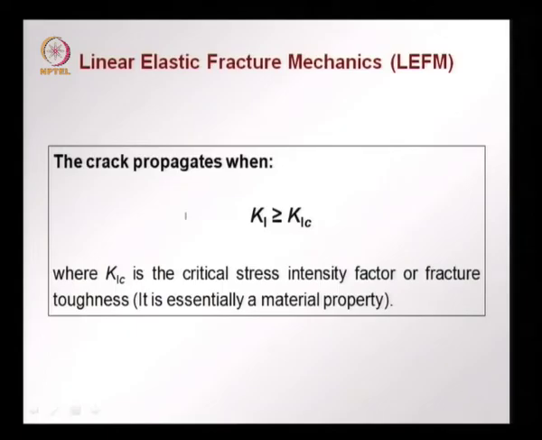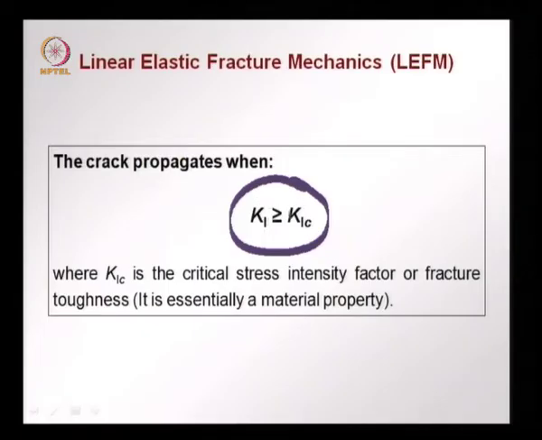In this framework, when do we consider the crack to propagate? Crack propagation according to linear elastic fracture mechanics occurs when K1 is greater than or equal to K1C. So, this is the fracture criterion. K1, if you remember, comes from the geometry of the element, the stress applied or the load applied, and the defect.